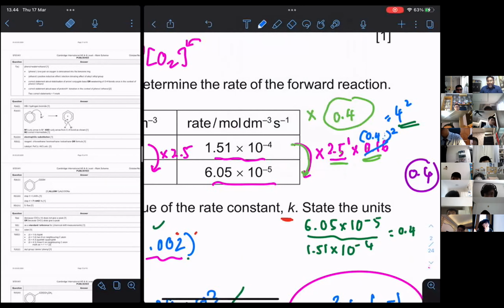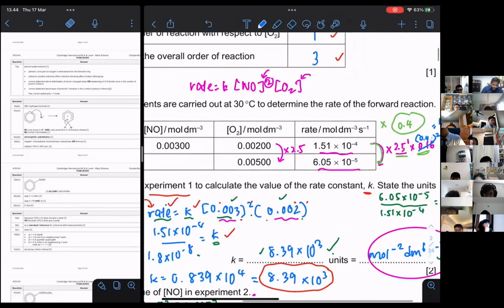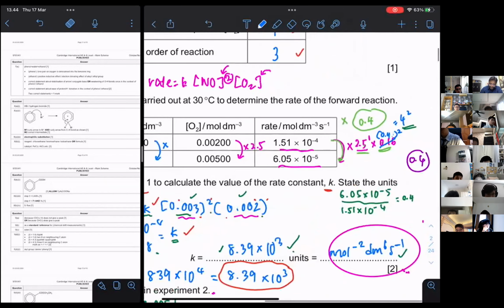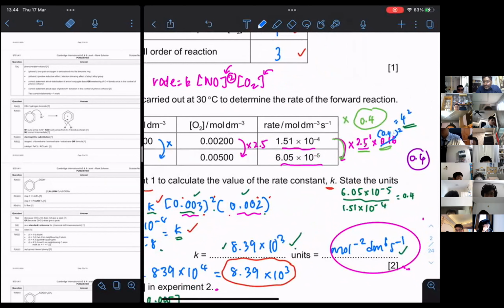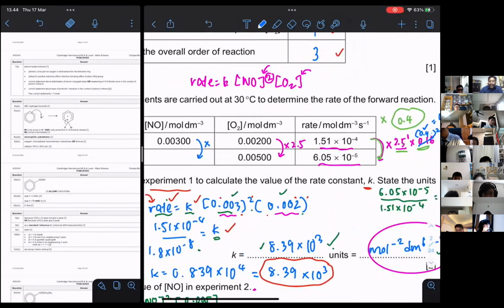Now it means that from here to here must times how many? Megan? If this is 0.4 to the power of 2, what is this? Times how many? It is second order with respect to NO. Christopher?